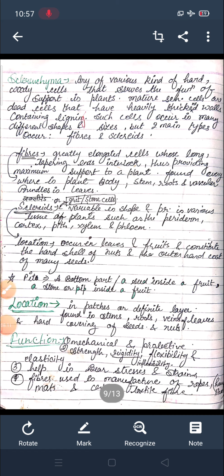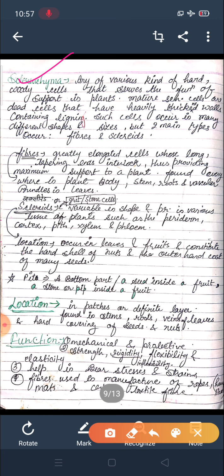The last and third type of tissue is sclerenchyma. I am explaining here, in short, any of various kinds of hard woody cells that serve the function of support in plants. Mature sclerenchymatous cells are mostly dead cells that have heavily thickened walls containing lignin.